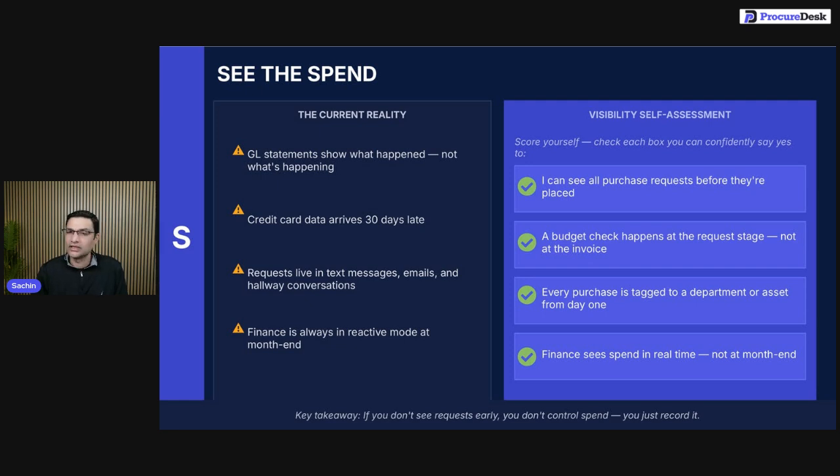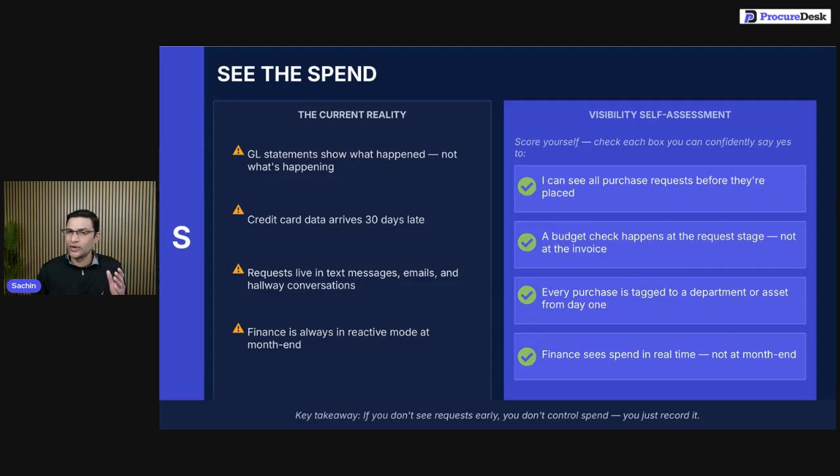So is it for general supplies or are you buying it for a specific asset, so that you can later track how much you spend on maintenance or services for a specific machine or a specific asset that you might have. And number four is finance has visibility all the time into committed spend.